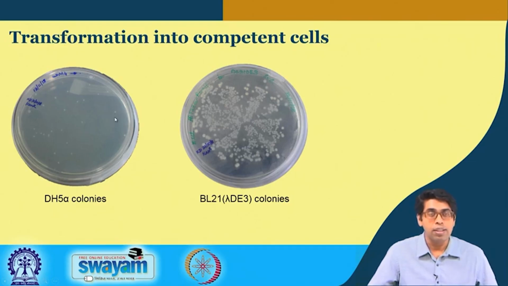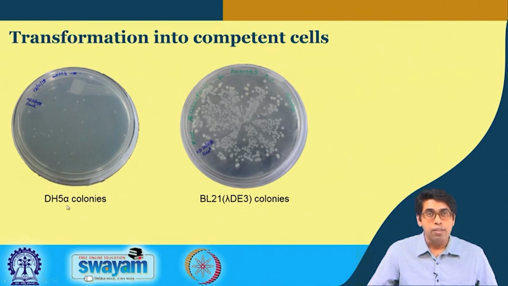So, these are the cells which took the plasmid in and have survived in this agar plate, which also has kanamycin, because the plasmid has the selectable marker. So, then you pick one of these colonies, you can run a PCR again with the primers, and if that PCR works, you know that the plasmid is inserted in this, and then you can keep that as a stock in the lab.